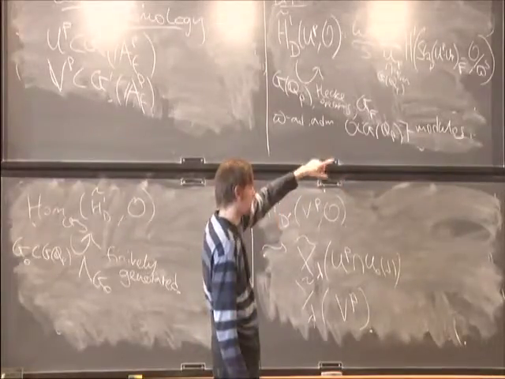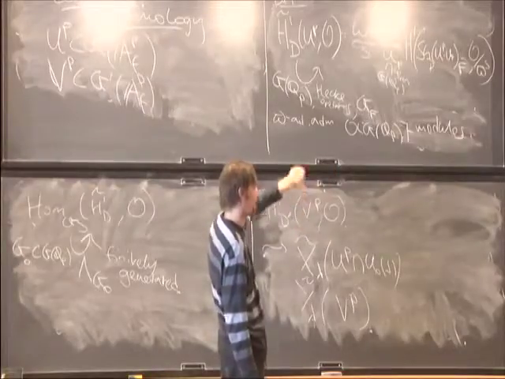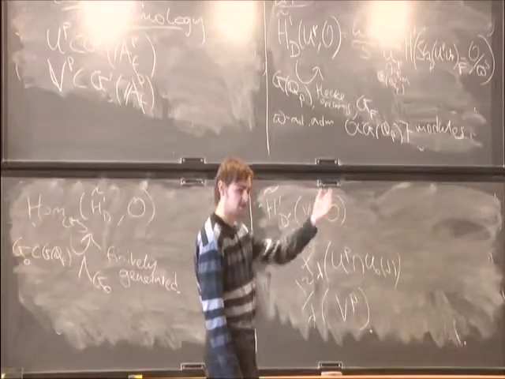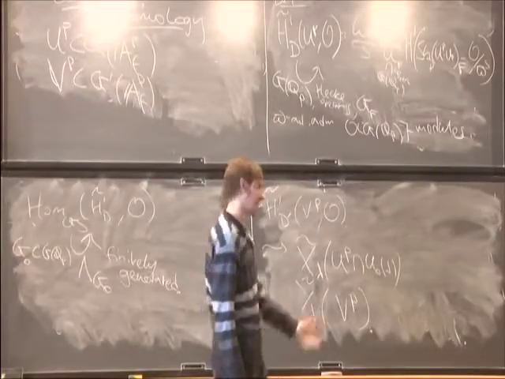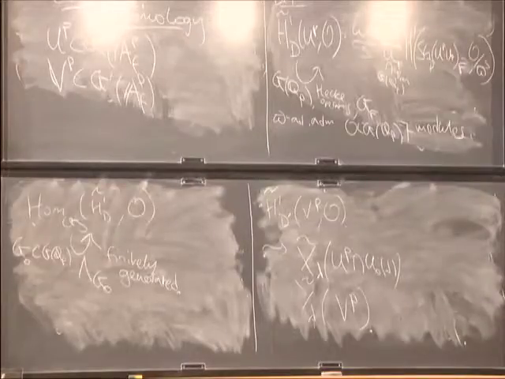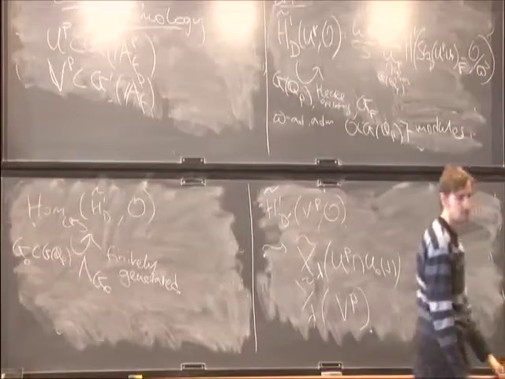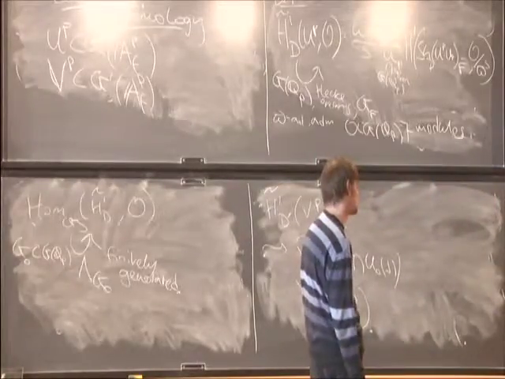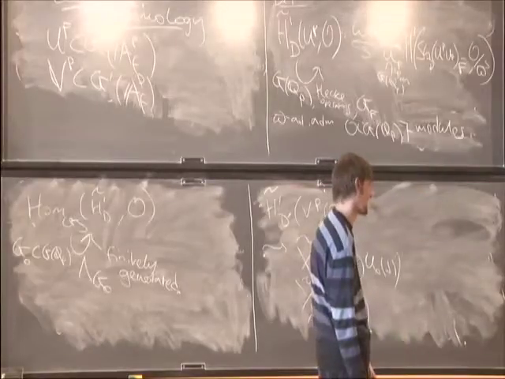One can either tensor with O modulo pi to the s, or define the things using vanishing cycles with coefficients in O modulo pi to the s, and it will amount to the same thing, I think. There are some issues with torsion, but eventually I'll localize at these non-Eisenstein maximal ideals in the Hecke algebra, so everything will coincide. I can give you more details later if you like.